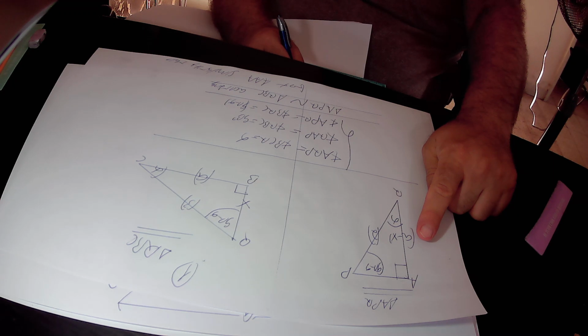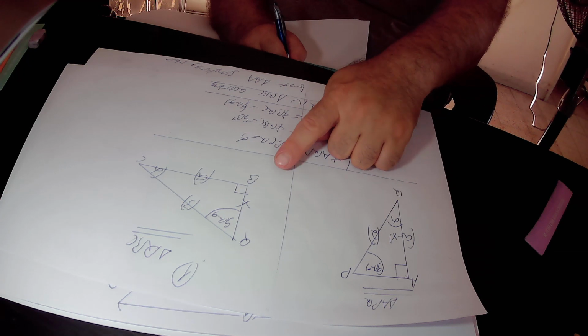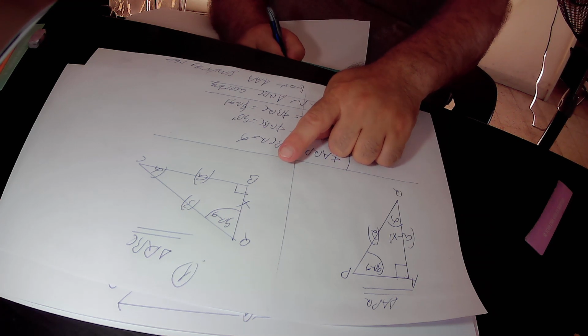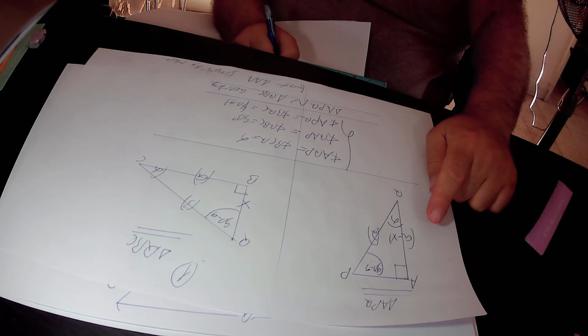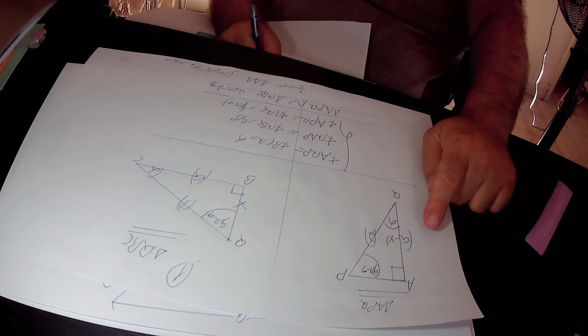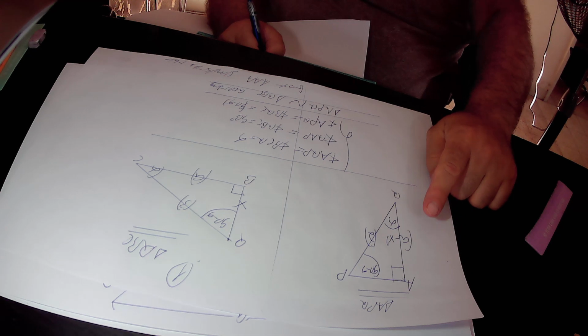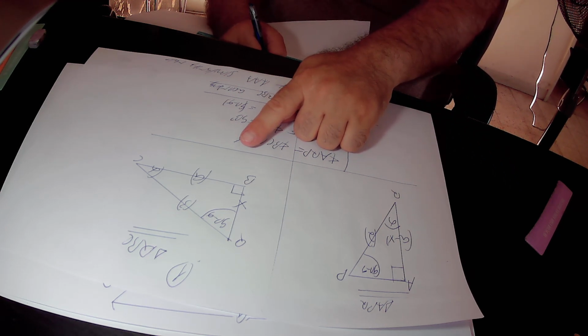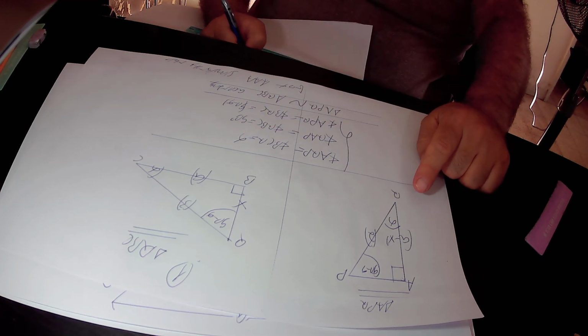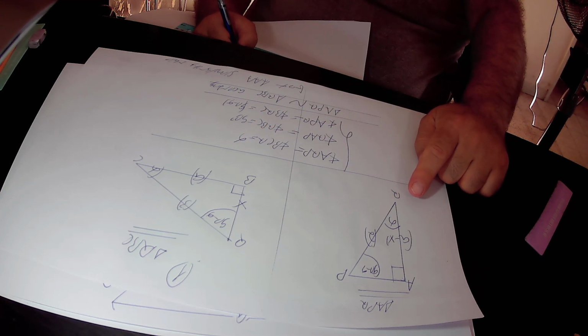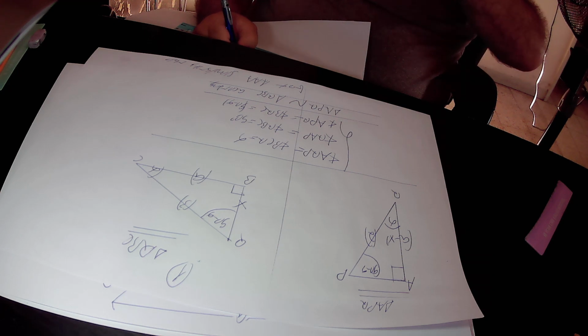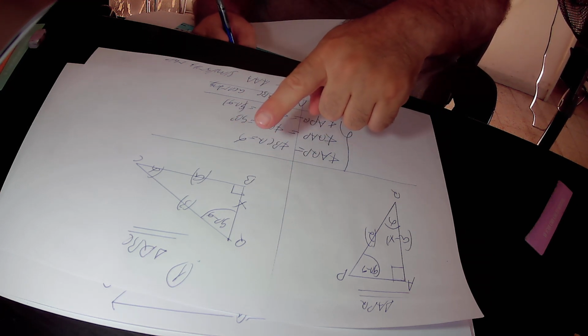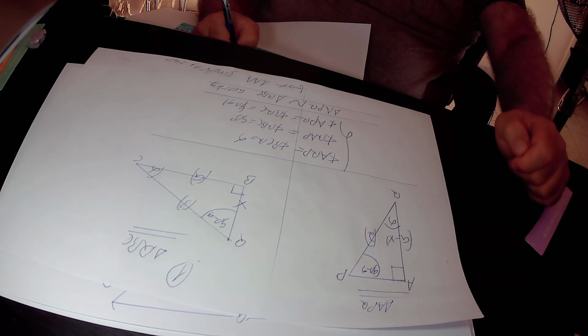Side AP in the right triangle APQ over side QB in the right triangle BQC is equal to side AQ in the right triangle APQ over side BC in the right triangle QBC, and it is also equal to side PQ in this right triangle APQ over side QC in the right triangle QBC.